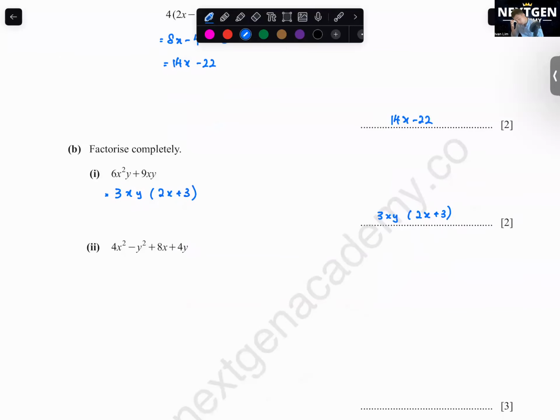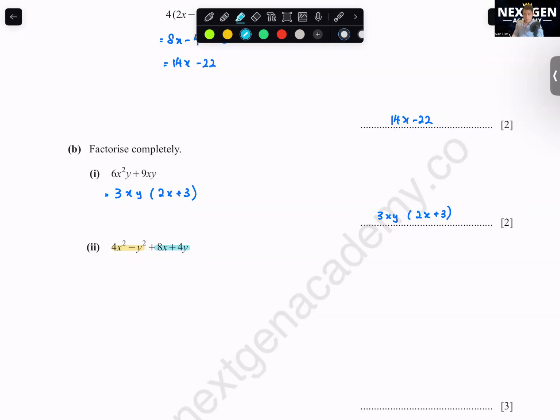Okay, this particular factorizing, I think it is a bit unique. Did you all manage to do this? 3-mark question. Okay, 4x squared minus y squared plus 8x plus 4y. Number one, the first criteria, all 4 of them don't have anything in common. So what we can do is factorize it in pairs first. So you put 4x squared minus y squared, then you factorize 8x plus 4y.